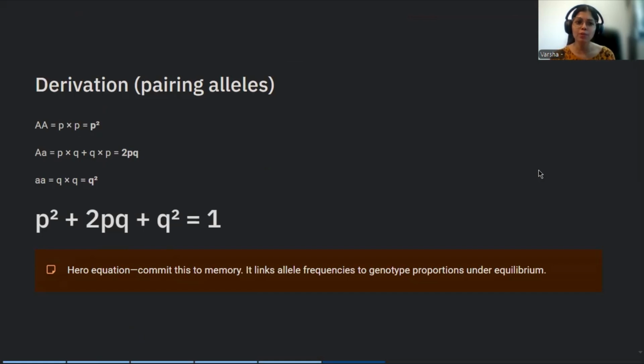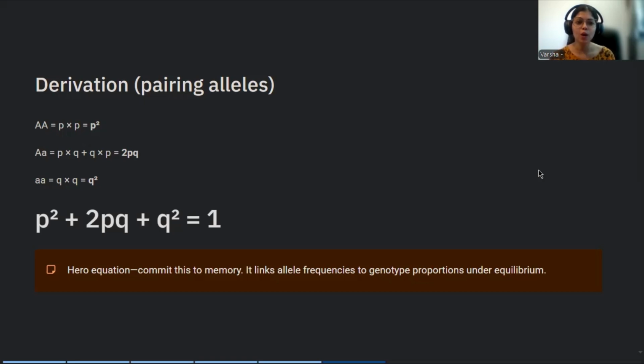So homozygous dominant becomes P into P, which is P square. The homozygous recessive becomes Q into Q, which is Q square. And the heterozygous becomes P into Q plus P into Q, which becomes 2PQ.